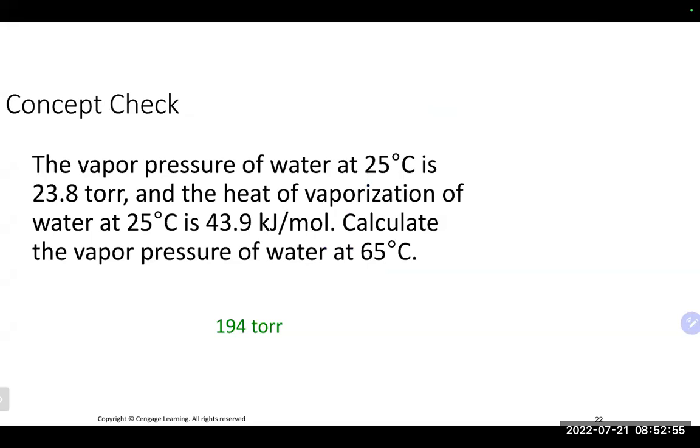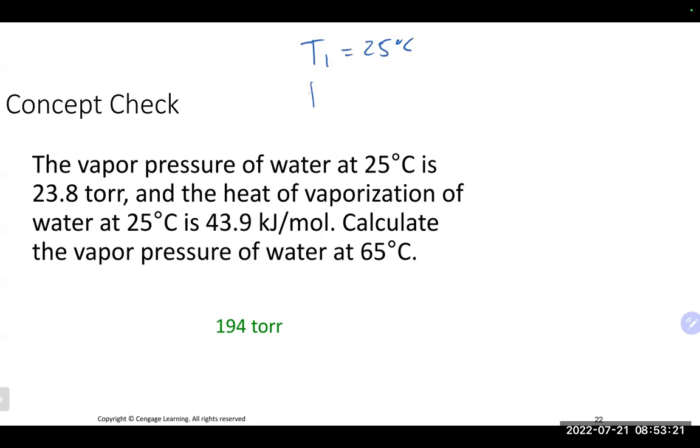So here we have the vapor pressure of water at 25 degrees is 23.8 torr, and the heat of vaporization at 25 degrees is 43.9. Calculate the vapor pressure of water at 65 degrees. So we could do some labeling here. So let's see, we got T1 here, which would be 25 degrees Celsius.